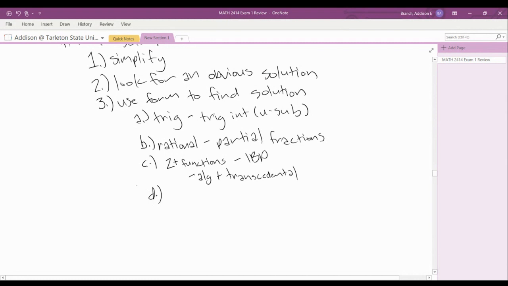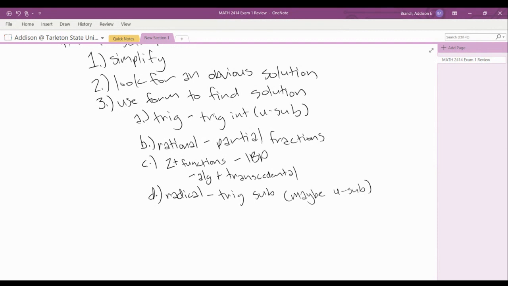And our last main form that we can use is if we have a radical. You can look into doing trig sub, or maybe a u-sub in some cases. But usually you can look into doing trig sub.